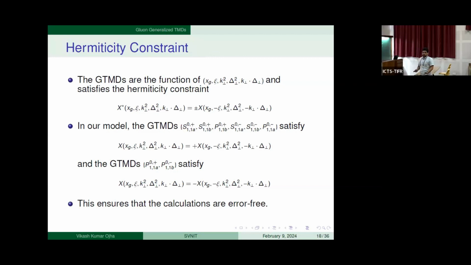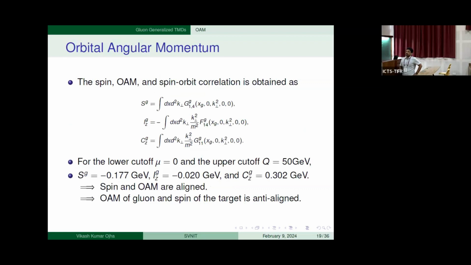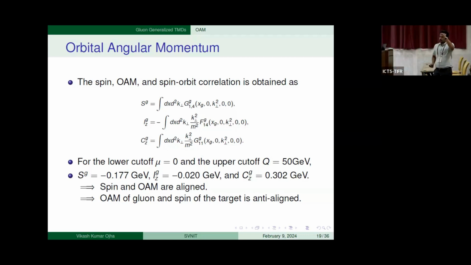Now we are going to calculate various properties of the gluon using these GTMDs. The first thing we can do is look at the spin, orbital angular momentum and the spin-orbit correlation for the gluons in this dressed quark system. If we integrate with a lower cutoff of 0 and an upper cutoff Q of 50 GeV, we obtain that the spin has an overall negative sign.